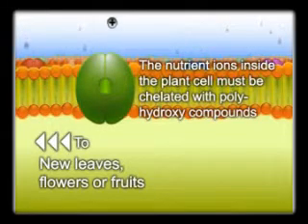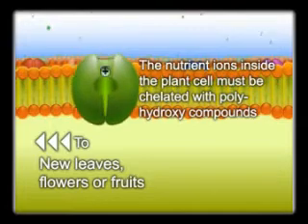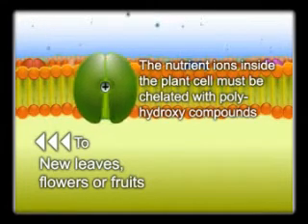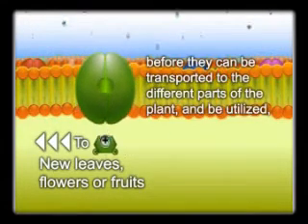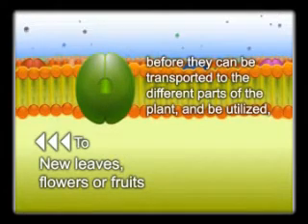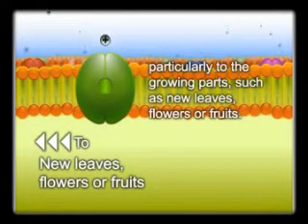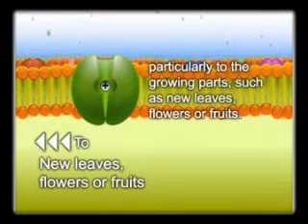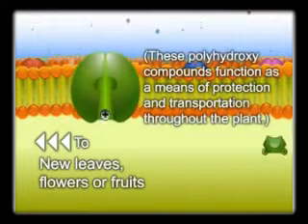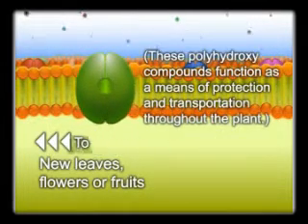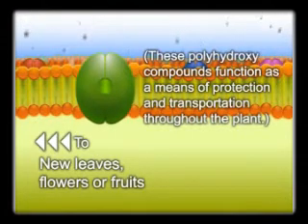The nutrient ions inside the plant cell must be chelated with polyhydroxy compounds before they can be transported to the different parts of the plant and be utilized, particularly to the growing parts such as new leaves, flowers, or fruits. These polyhydroxy compounds function as a means of protection and transportation throughout the plant.